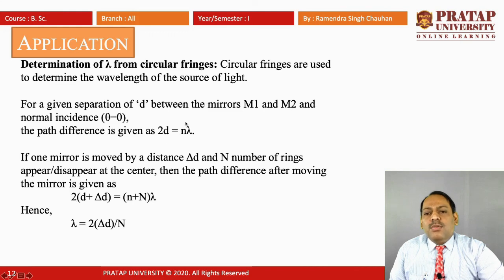Hence, by using these two equations, 2d is equal to n lambda and 2d plus delta d is equal to n plus capital N times lambda, we can determine the wavelength lambda as lambda is equal to 2 delta d over capital N. By knowing the value of delta d, because we know experimentally the distance by which we changed mirror M2, and N, we counted the number of fringes appearing or disappearing from the center, we can determine the wavelength lambda by using these values.